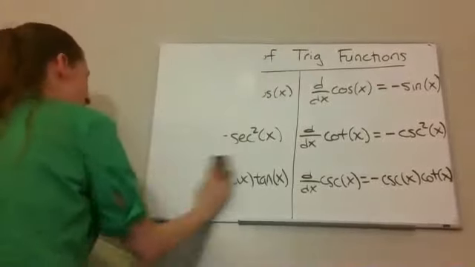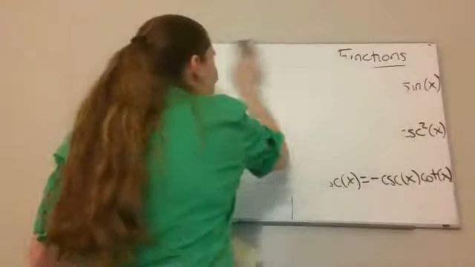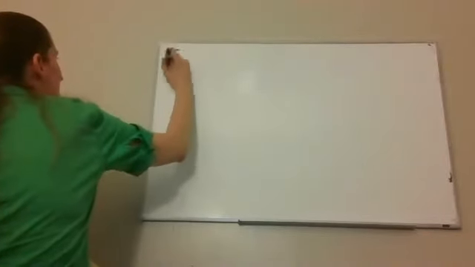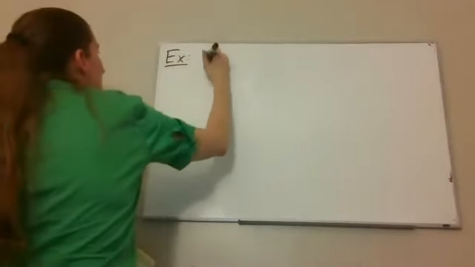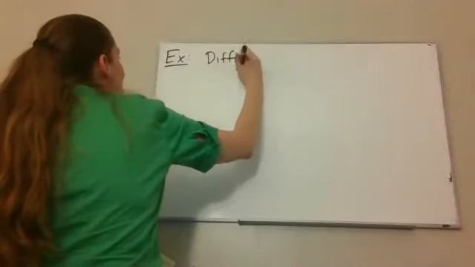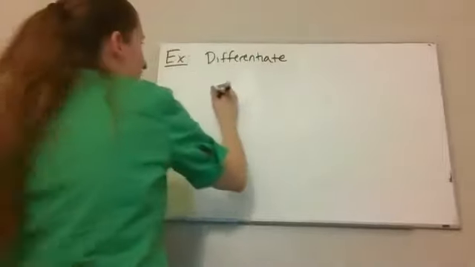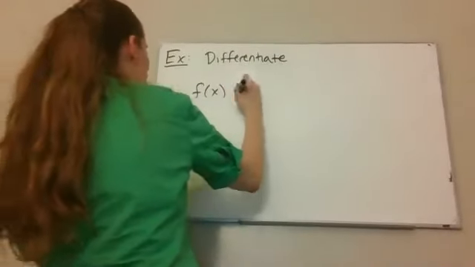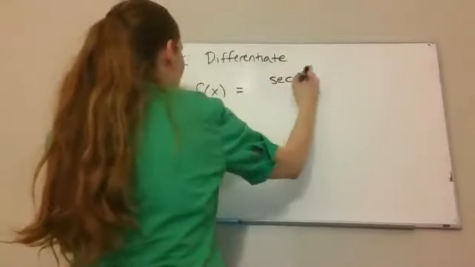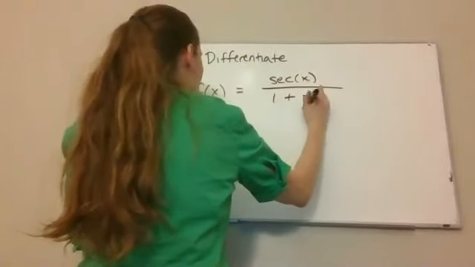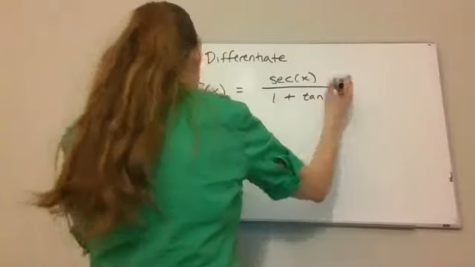Let's finish this video up with just one last example. Let's differentiate f of x equals secant of x over 1 plus tangent of x.